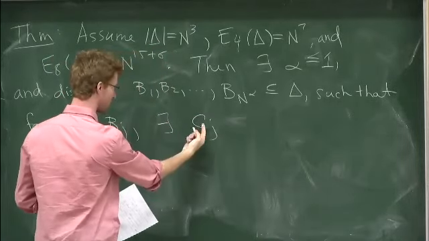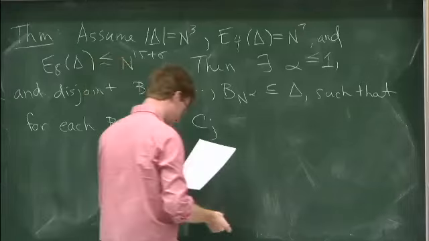Each Bj has a subset, a large subset, which will essentially stabilize the set Bj.